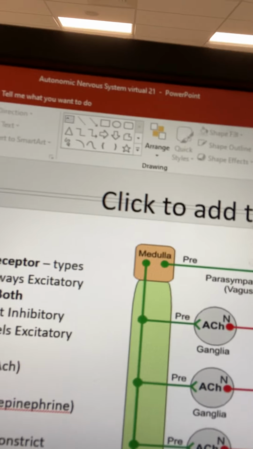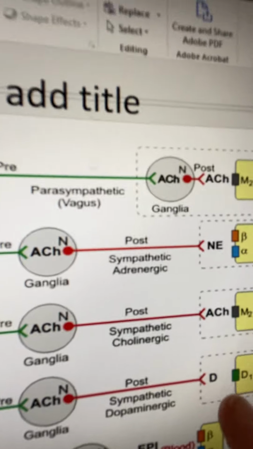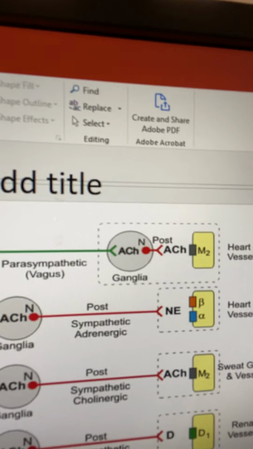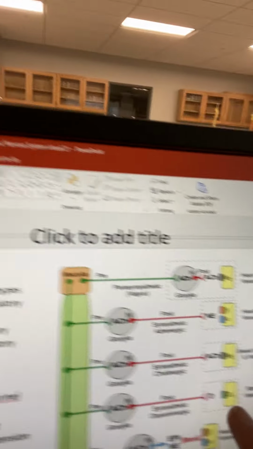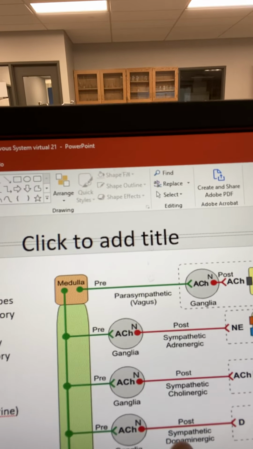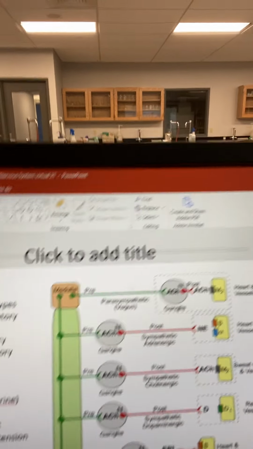In other cases, we have a different final neurotransmitter substance. Here we're looking at dopamine. So blood vessels of the kidneys, renal blood vessels, are controlled with dopamine for the sympathetic division.